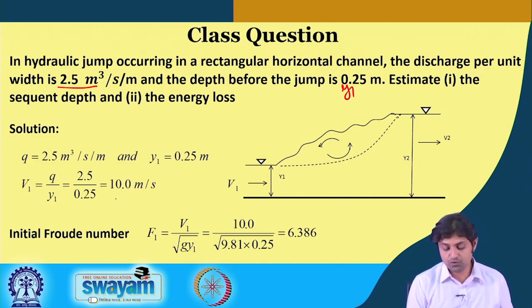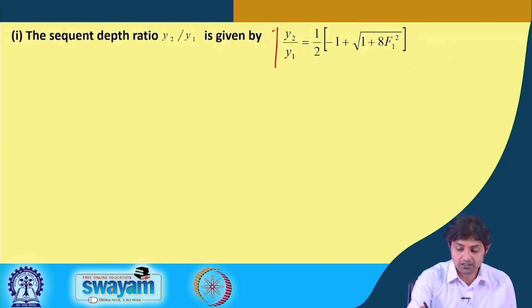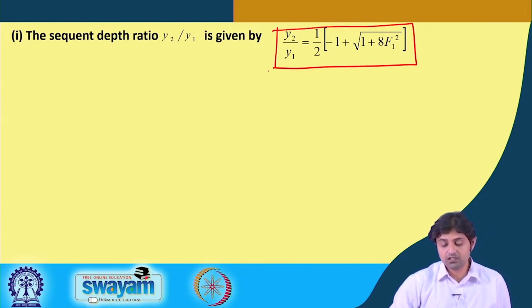All right. So, we know the Froude number at location 1, and we know y1. So, we will be easily able to find out y2 by y1, by the formula y2 by y1 is equal to half into minus 1 plus under root 1 plus 8 F1 square.